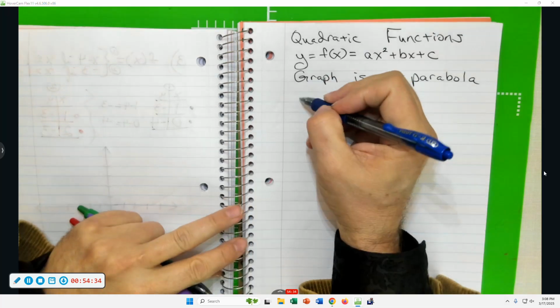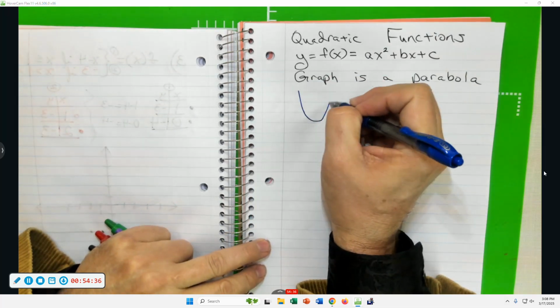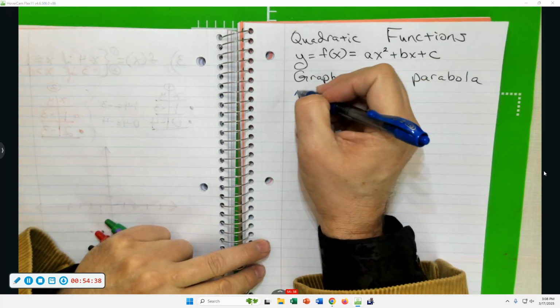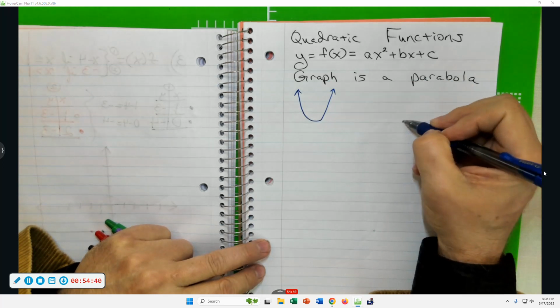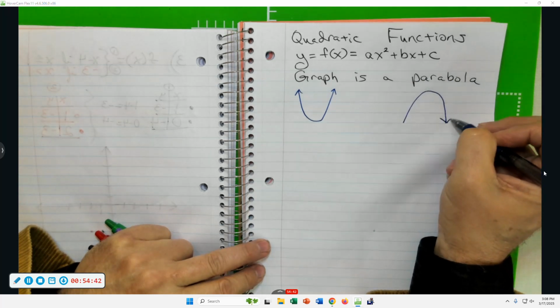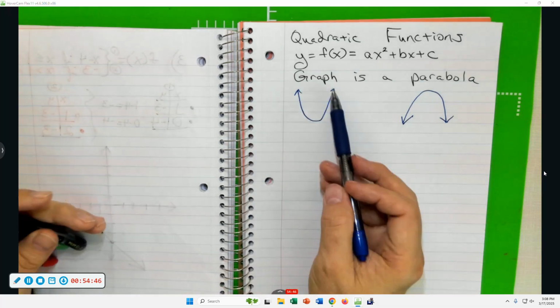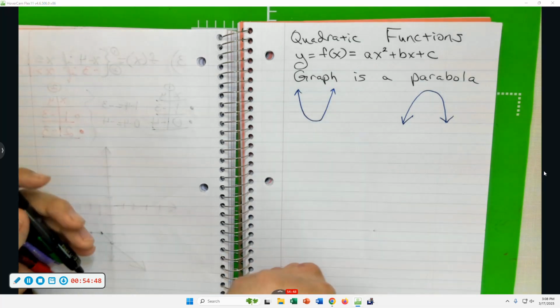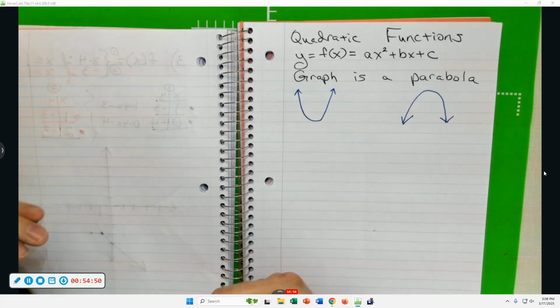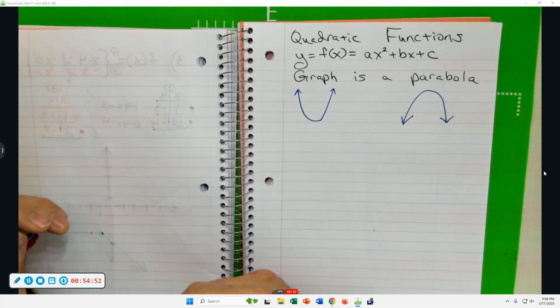We're only going to graph parabolas that are functions. That means they'll either open upward or downward. And it's a U shape. Notice it's smooth. It's not a V shape like the absolute value function expressions that we graphed several weeks ago.